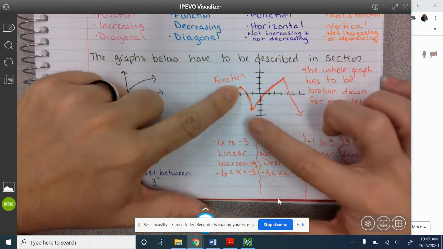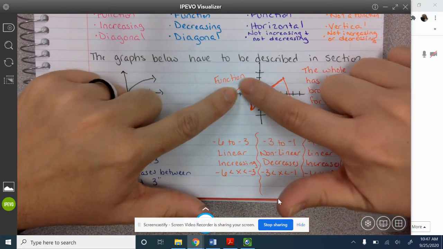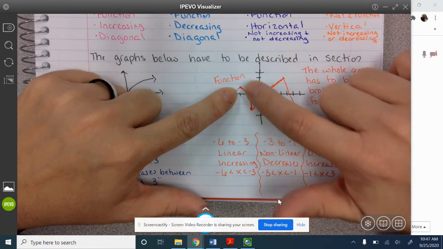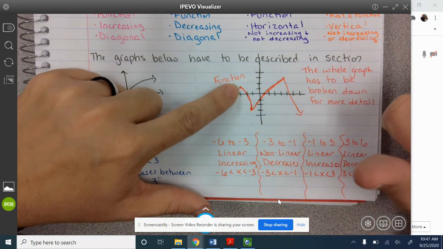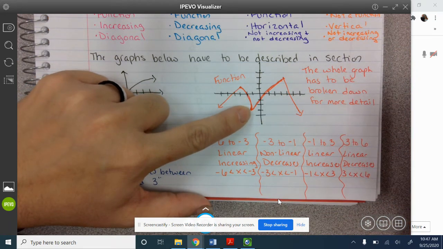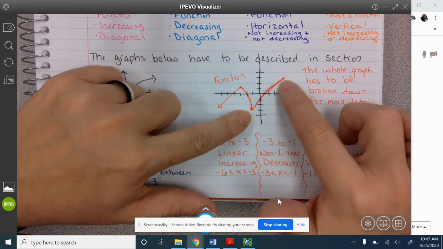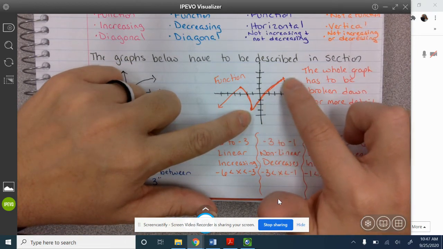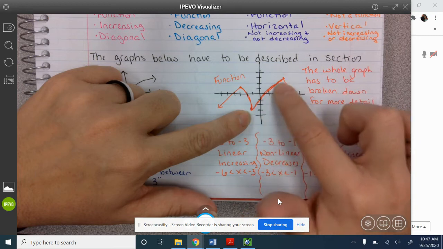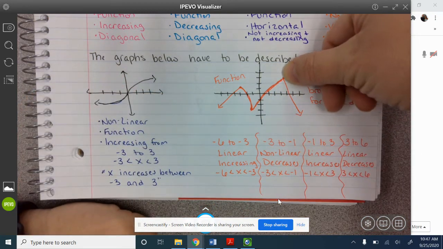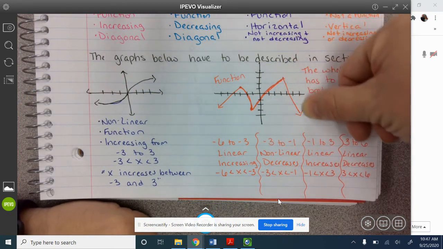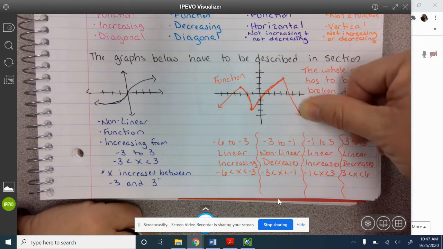From -3 to -1, it is not linear because it has a curve to it, and it's decreasing because we're going from +1 to -3. From 1 to 3, it is increasing and it is linear. That is a straight line. And then from 3 through 6, because that's as far as my graph goes, we're linear again, but we're decreasing.